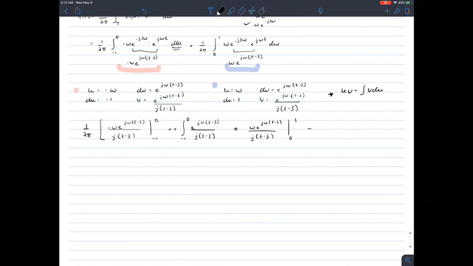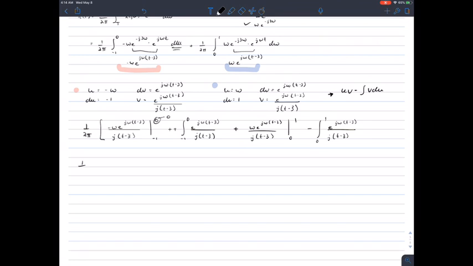Plus, okay, so this one's not plus, this is going to be minus, integral from 0 to 1, e to the j omega t minus 3, all divided by j t minus 3, okay? So this gives us 0, and then this will give us a negative 1.